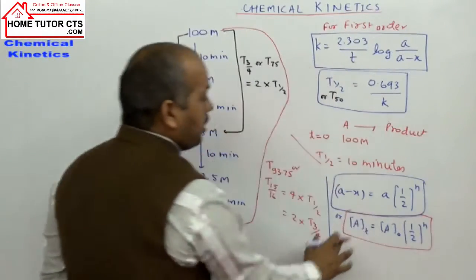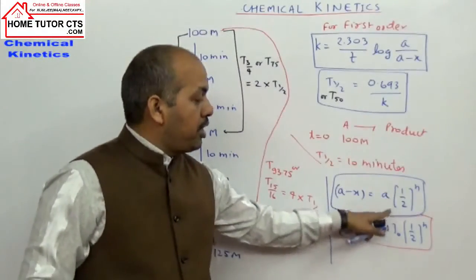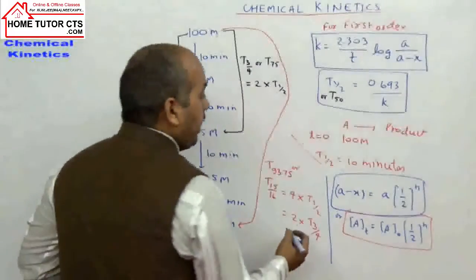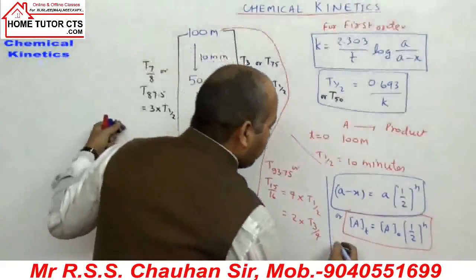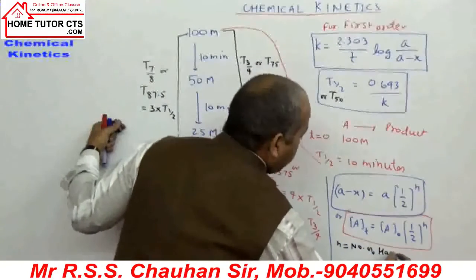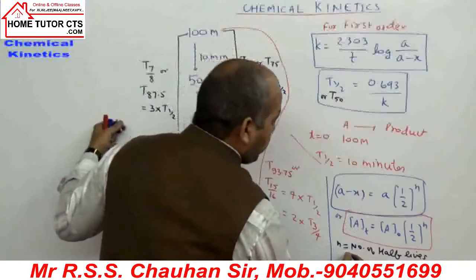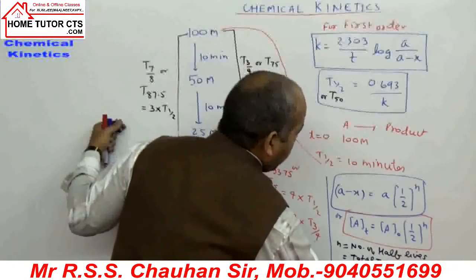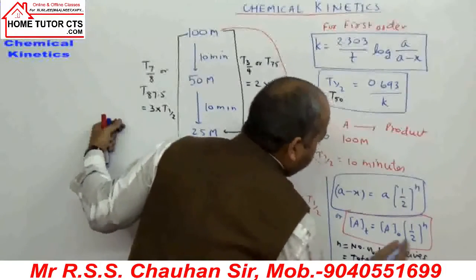The concentration of A remaining at time t is A naught, the reactant initial concentration, into 1/2 power n. What is n? n is the number of half-lives. It is total time divided by t half.